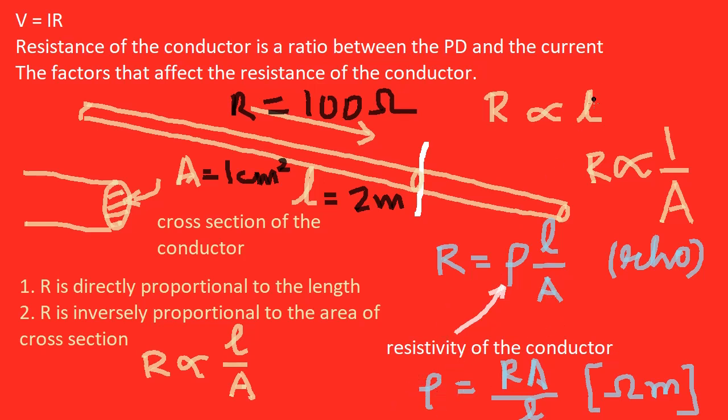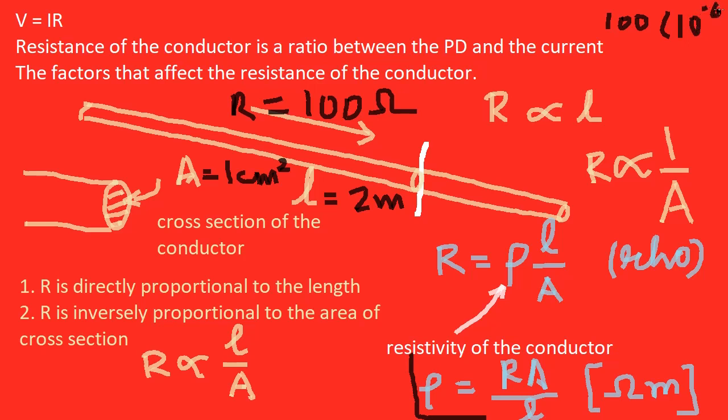The resistivity of the conductor as given by this relation is rho equals RA by L. We substitute the values: R is equal to 100, so 100 times A. A is 1 centimeter squared. If we convert it into meter squared, you already know that 1 centimeter is equal to 10 raised to minus 2 meters, so 1 centimeter squared will be 10 raised to minus 4 meters squared.